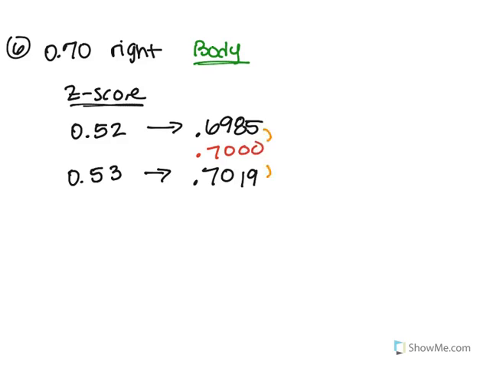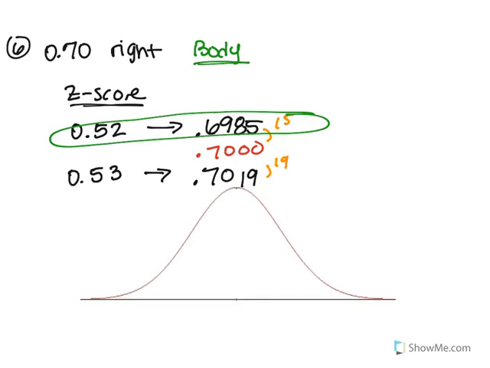So obviously we will be closer. This is what, 15 and 19. So we're going with .52. Because if I'm doing 70% towards the right, it had to start on the left.